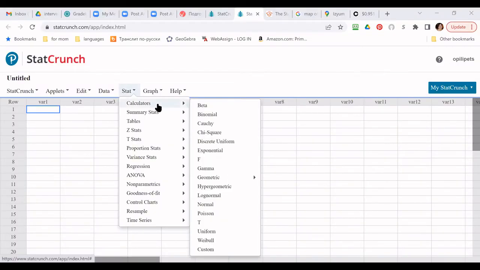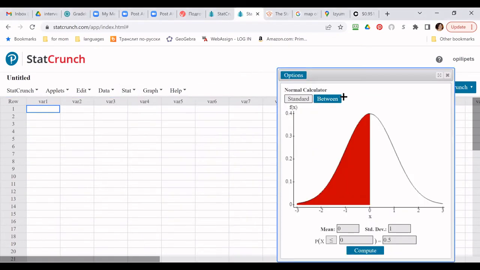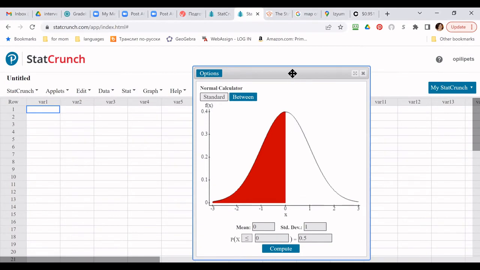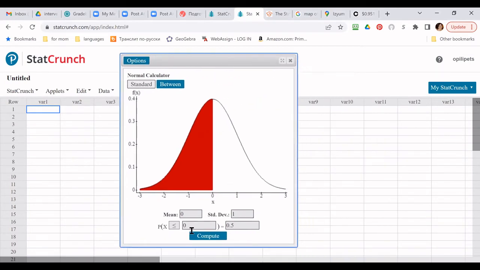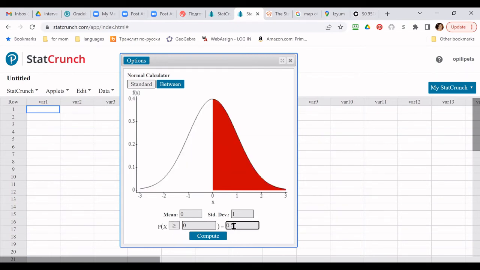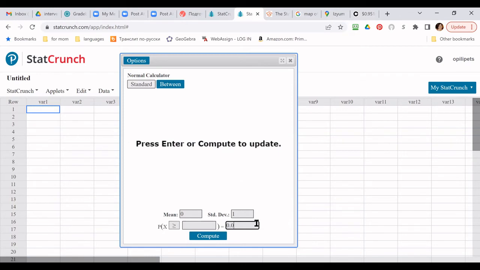So we're going to go into our normal calculator and calculate that critical value. We would go to stat calculators and then normal, and we get our standard normal distribution, the Z distribution, with 0 for the mean and standard deviation 1. In the tail area, we want to change this sign to greater than, and then for the area in that right tail, we're going to put in 0.005.